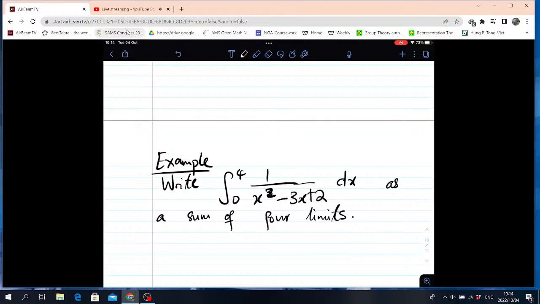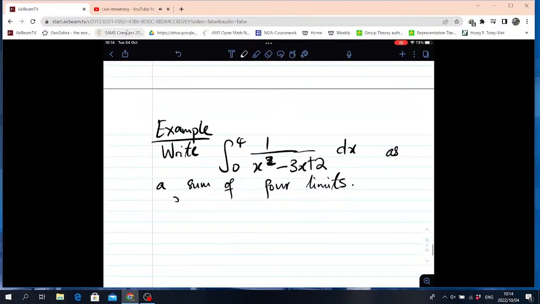The integral from 0 to 4 of that can be rewritten as, if you factorize the denominator there, then you see that it's just x minus 1 and x minus 2 dx there.